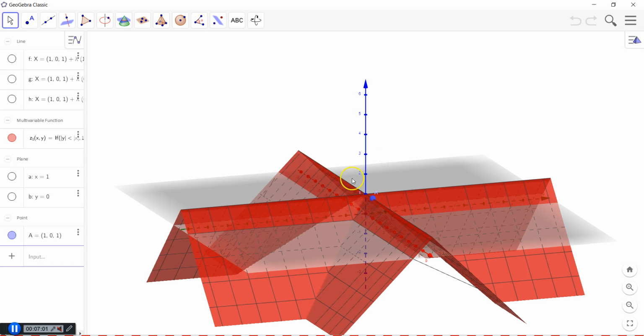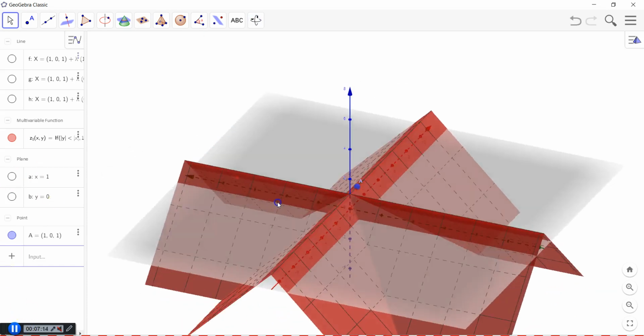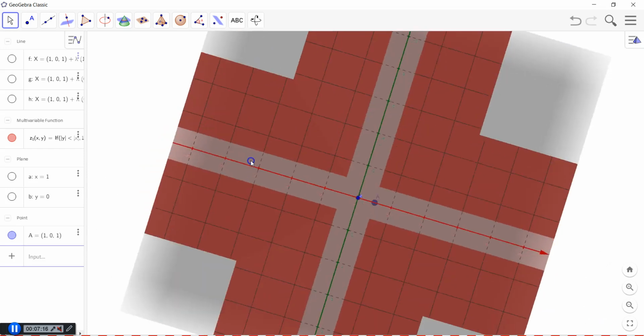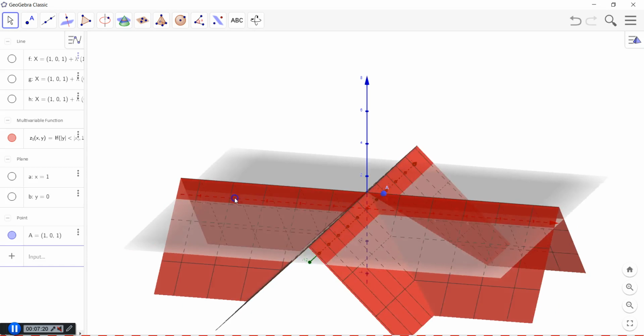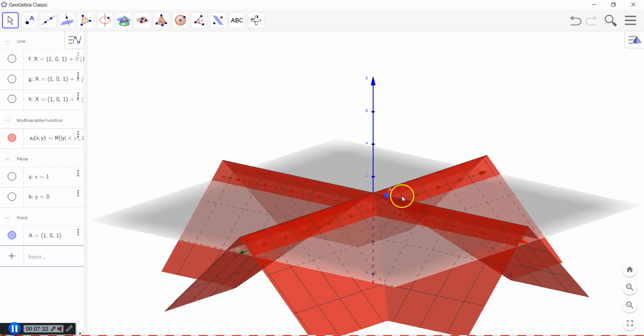All right, and we can rotate this around, I believe. And if you rotate it, you can kind of see all different angles of it. It's kind of fun. Okay, but long story short, here's our point that we were interested in, (1, 0), and then if you find the corresponding value of z, it would be 1.